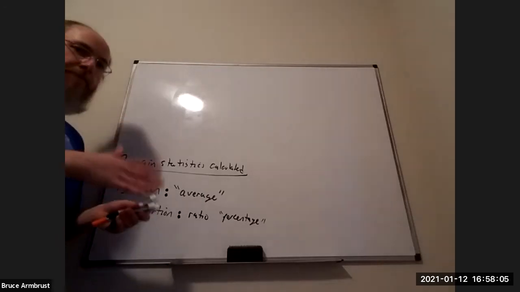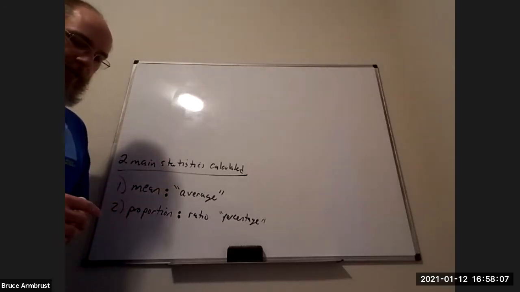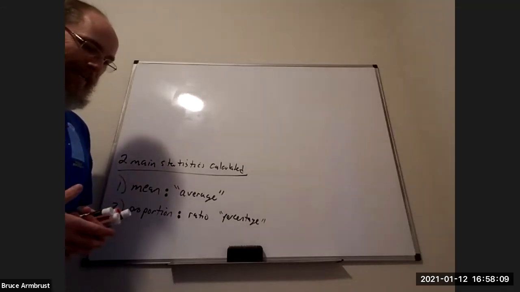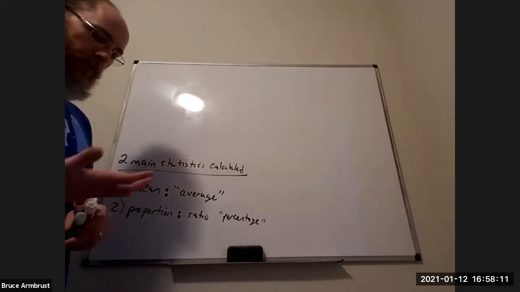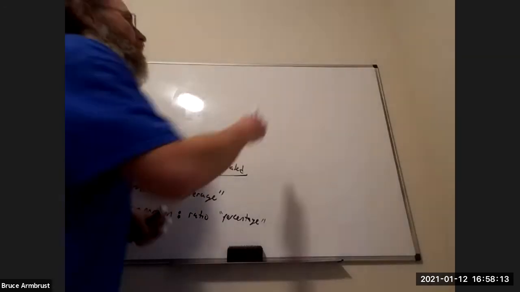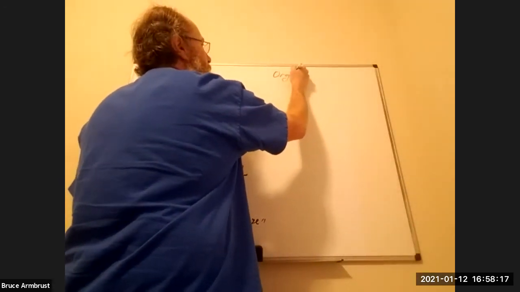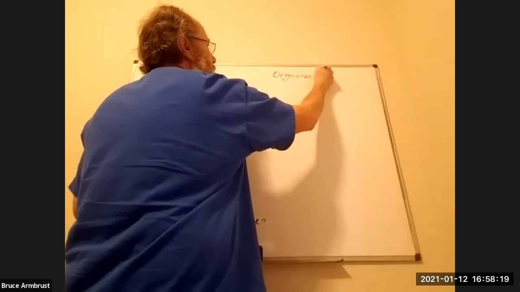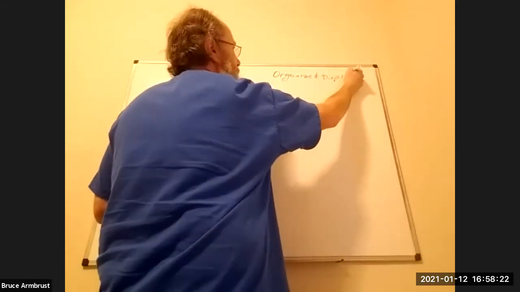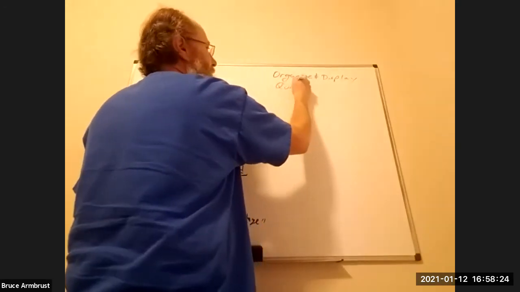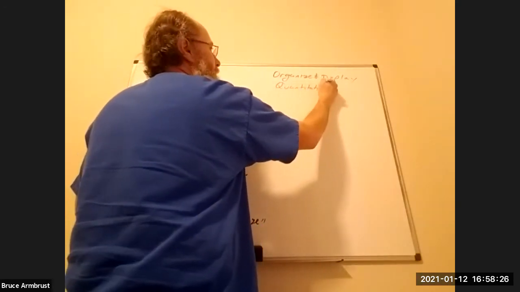All right, but let's get back to how we actually represent quantitative data. What are some different ways we can do that? I'm going to put here: organize and display quantitative data.